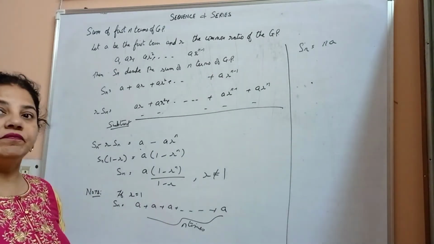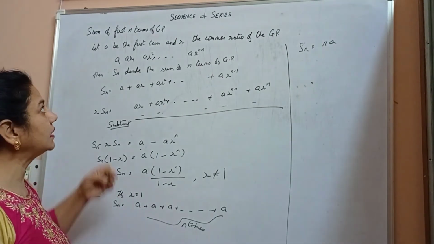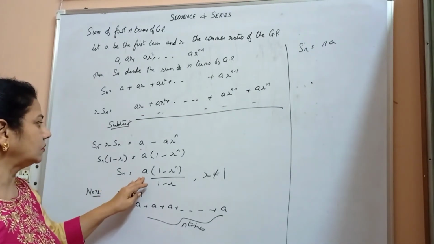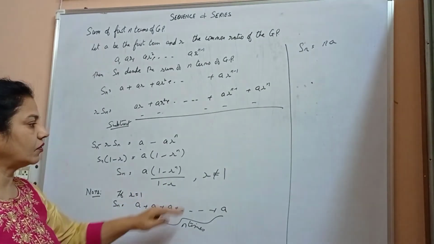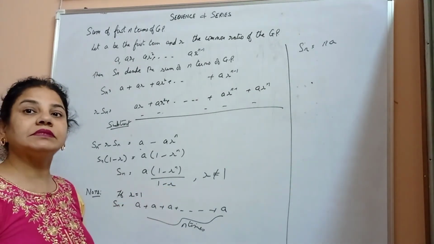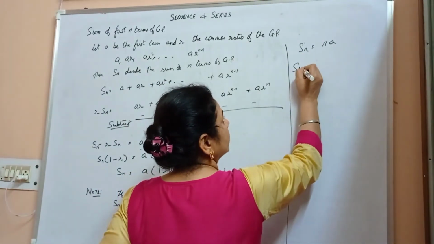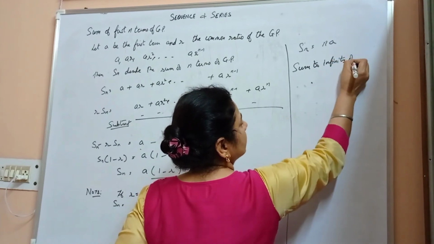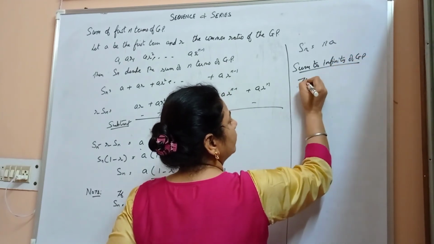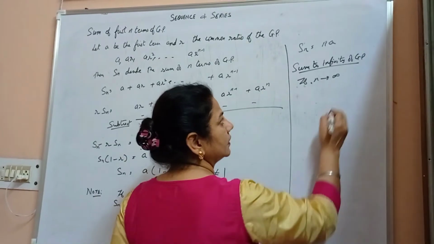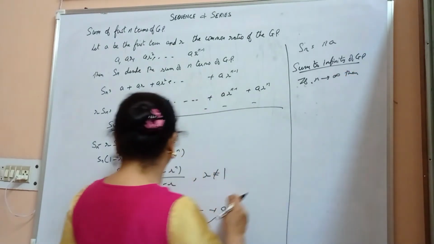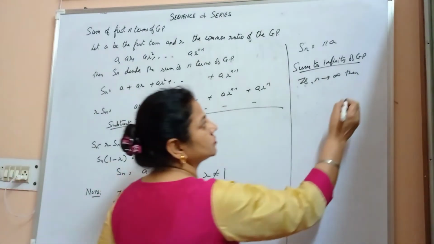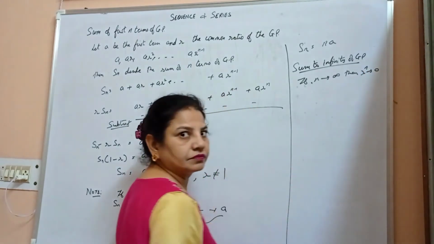If the number of terms is finite, n is finite, the sum is given as Sn is equal to A times 1 minus R to the power n upon 1 minus R, for R not equal to 1. Now if n becomes infinity, the sum to infinity of GP. If n tends to infinity, then anything with modulus less than 1 raised to infinity becomes 0, so R to the power n tends to 0.